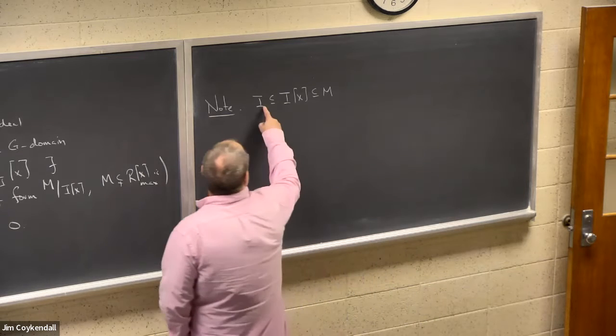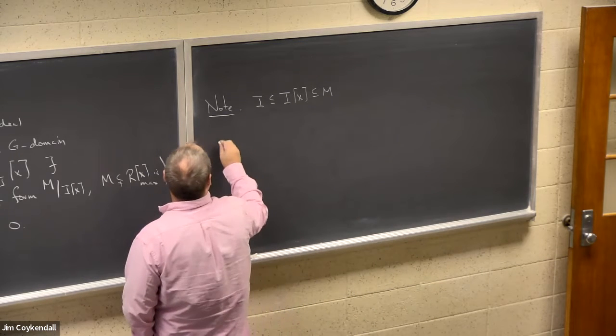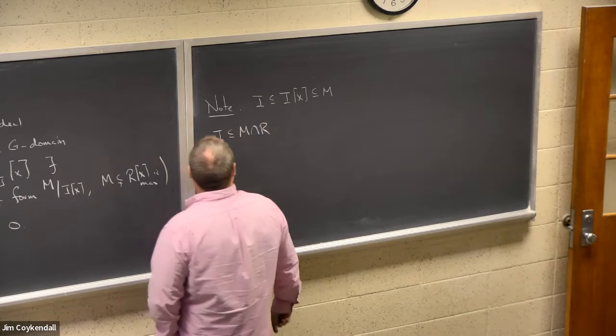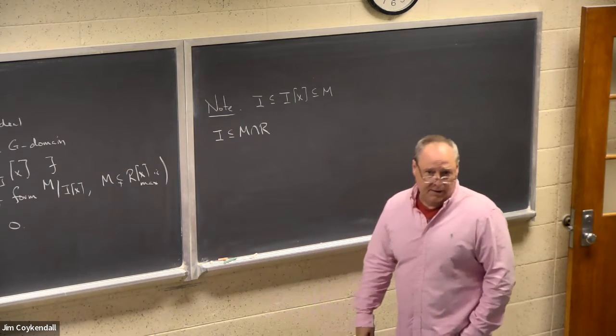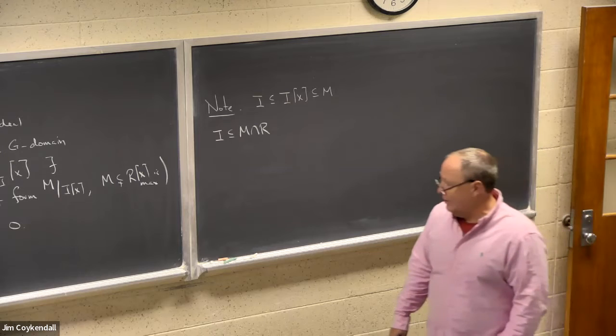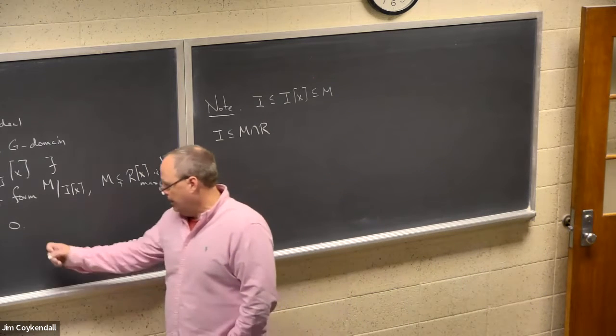Therefore, I is of course contained in M, so I is contained in M intersect R. Okay with it? And the other containment actually follows from this.